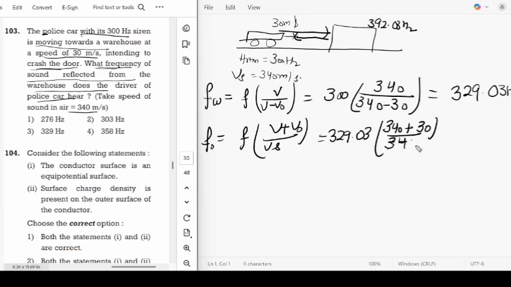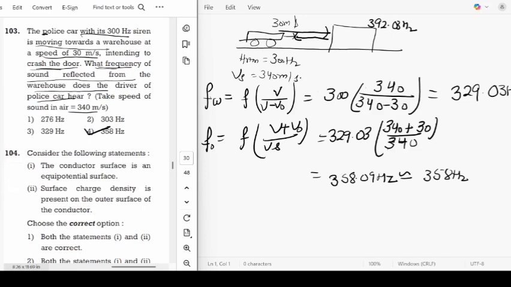After solving this we get 358.09 hertz, approximately 358 hertz. So our option fourth is correct.